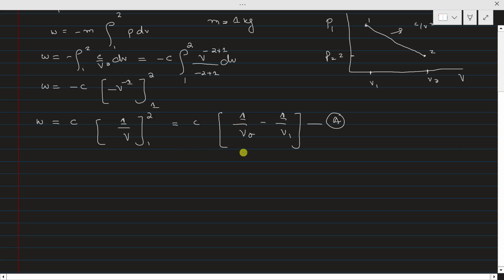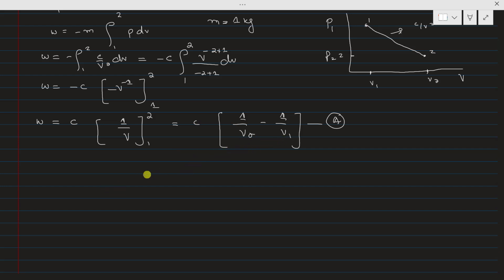Here there are some terms that are unknown. V2 is unknown, V1 is known, and C. C comes from P is equal to C by V square. So this is P1, this is V1. Then you can find the C value, that is P1 V1 square.